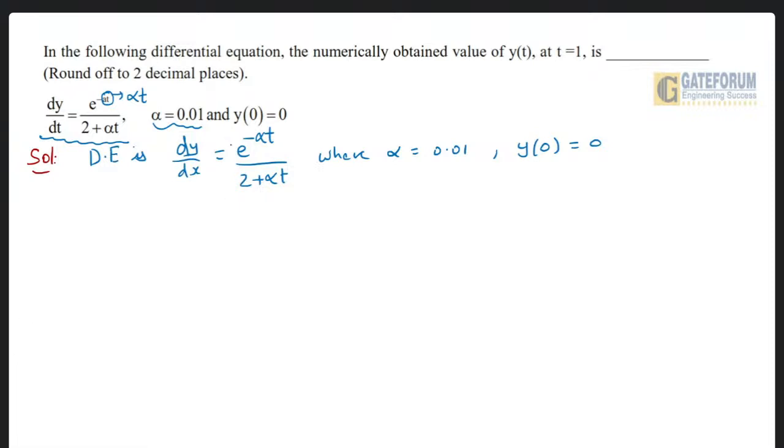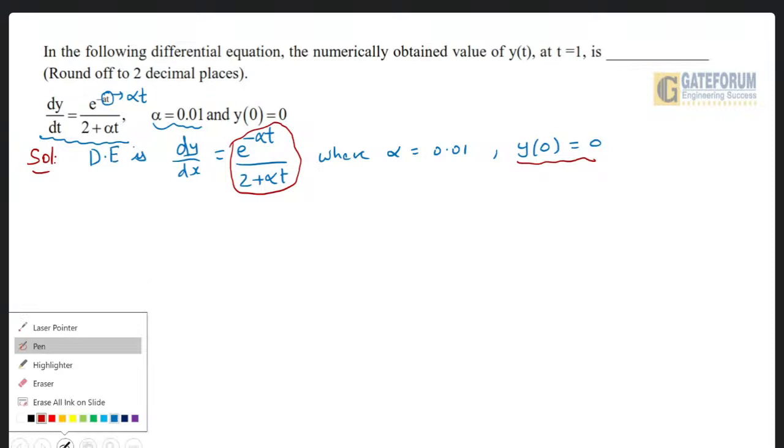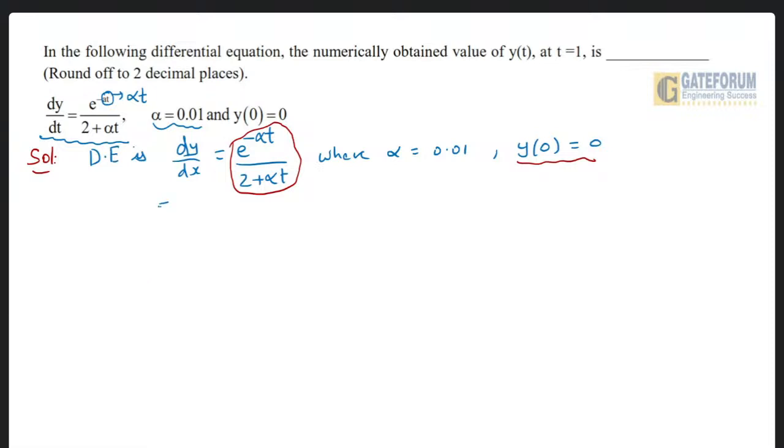So this is your function of t and y, and this is the y0, t0 value. f(t, y) = e^(-αt)/(2 + αt), with y0 = 0 and t0 = 0.